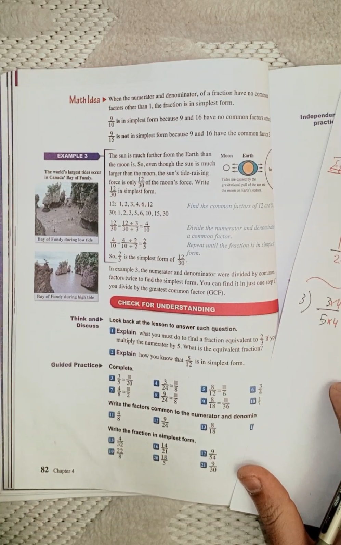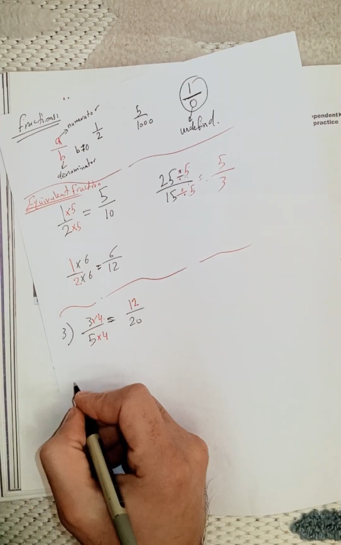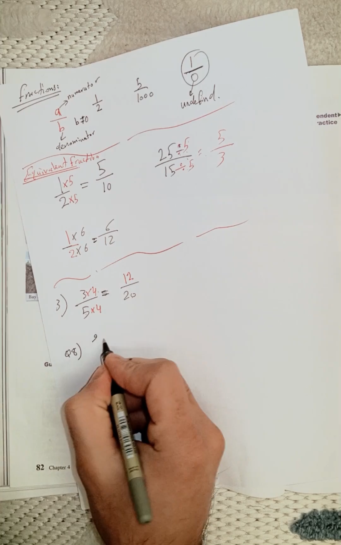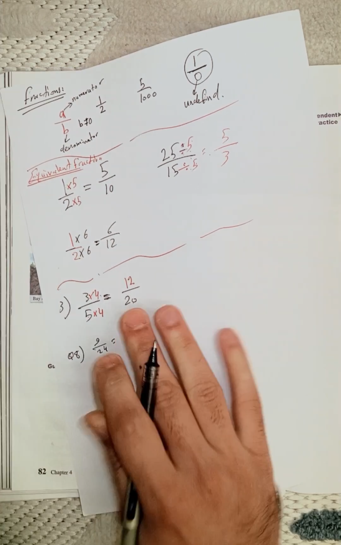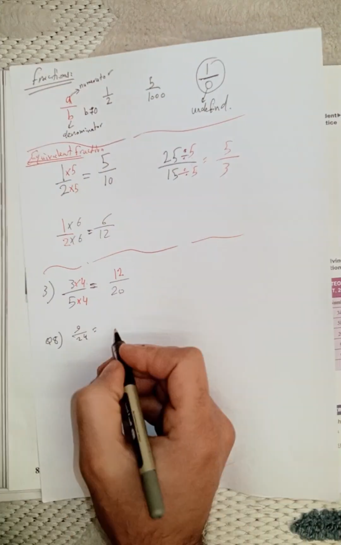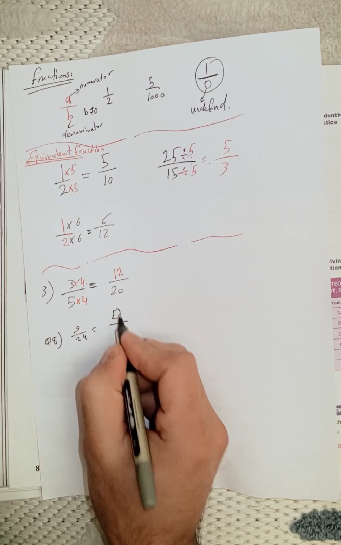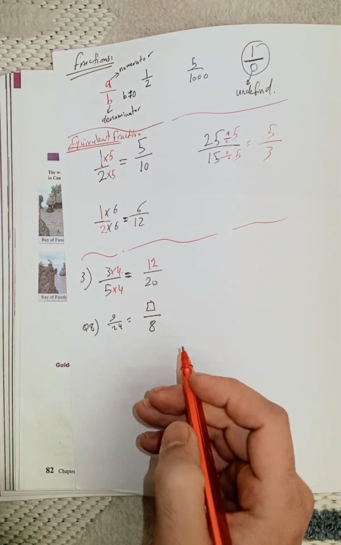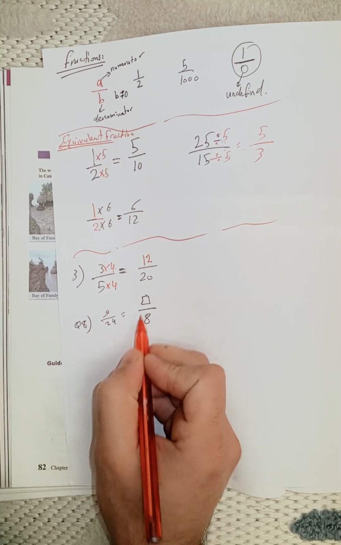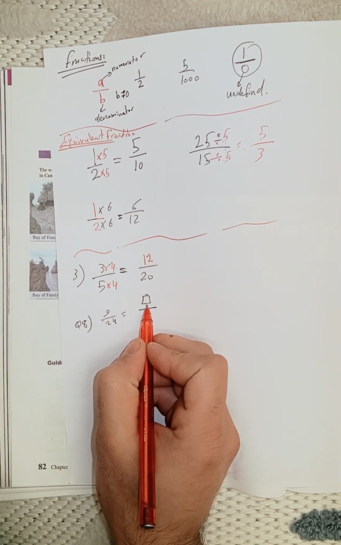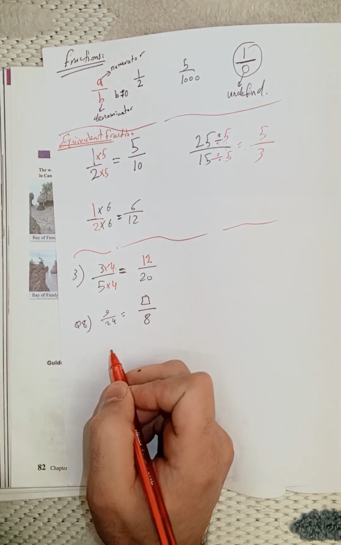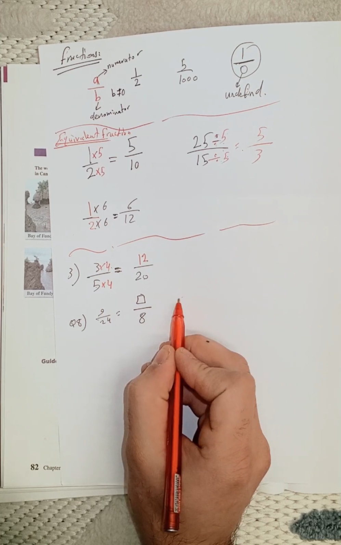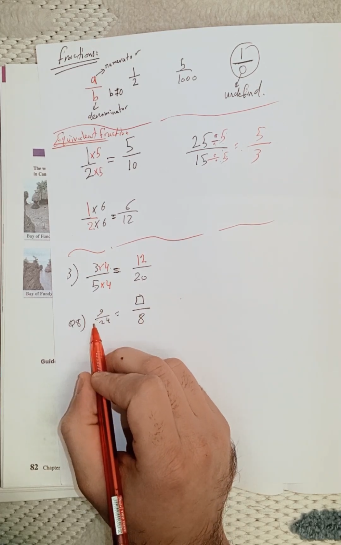Another example, question 8. 9 over 24 equals a missing number over 8. Okay? Again, look. 9 over 24 is an equivalent fraction with this fraction, but there is a missing number in the numerator, I mean in this side. If we have the missing number in this side, we're going to look at 9 over 24.